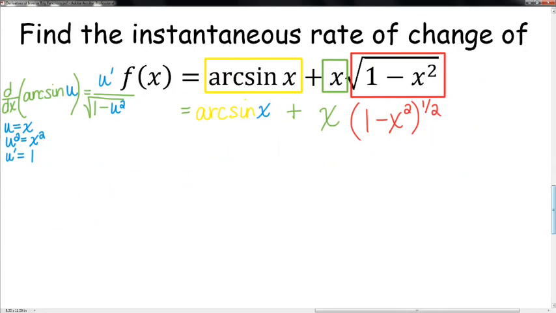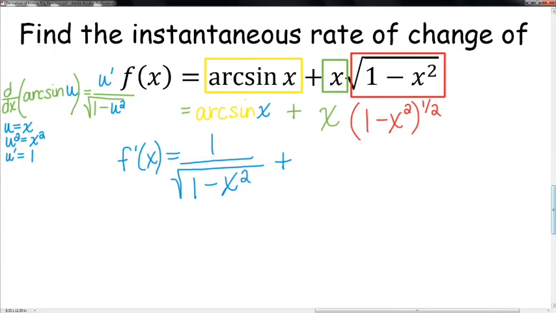So f prime of x is going to be equal to, so the derivative of our arc sine is u prime, which is 1 over the square root of 1 minus u squared, so this will be 1 minus x squared.